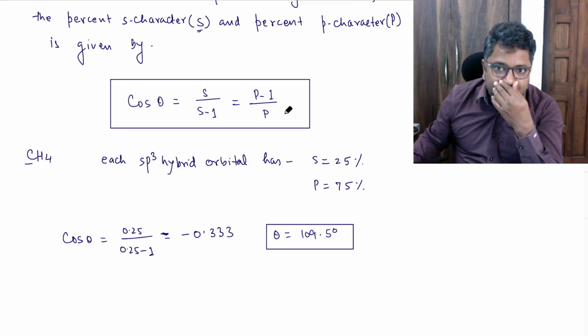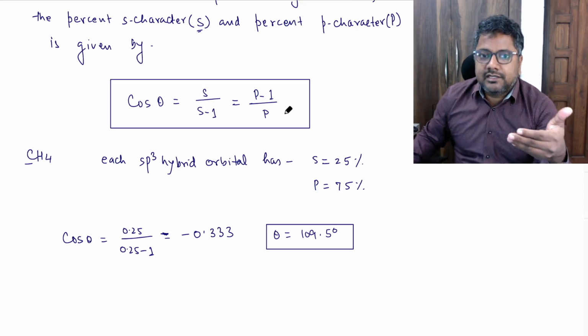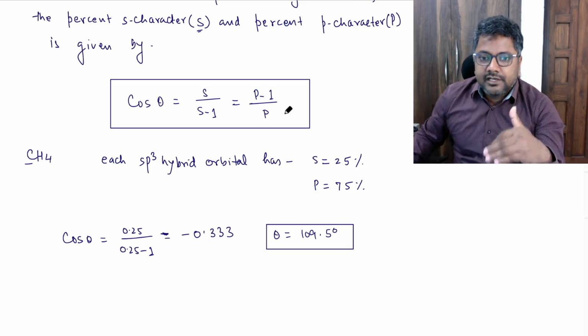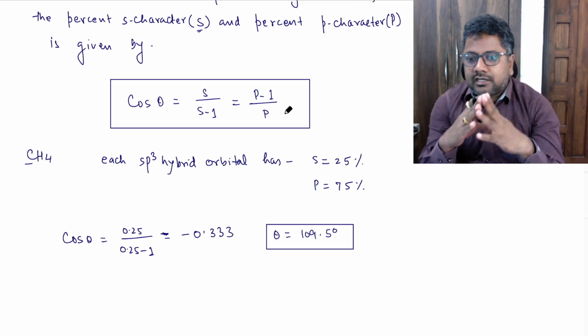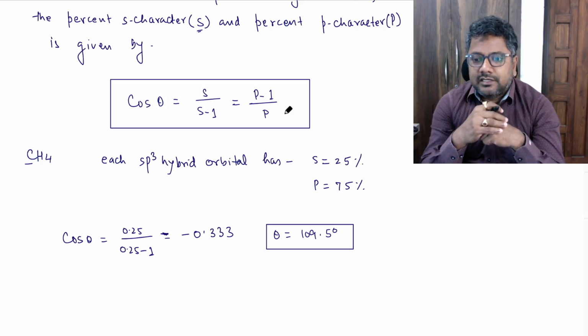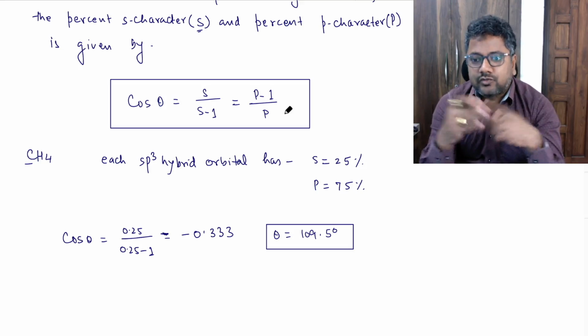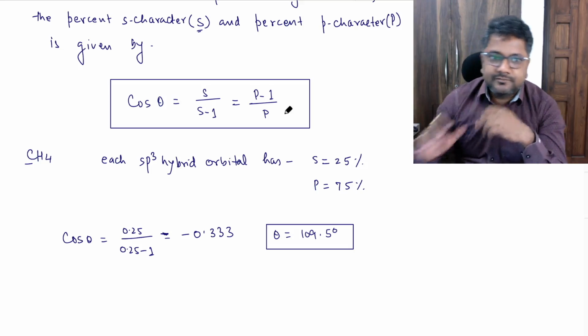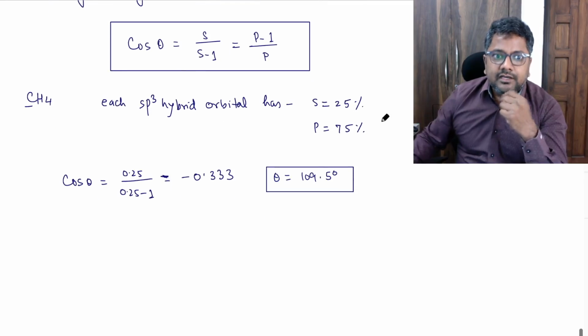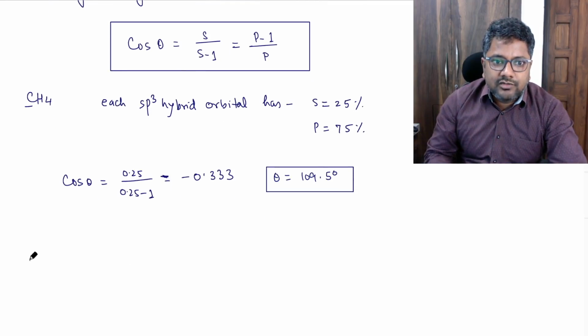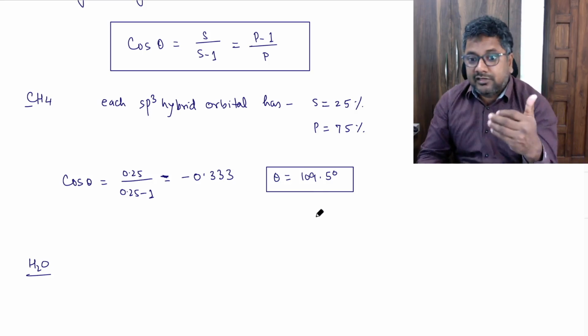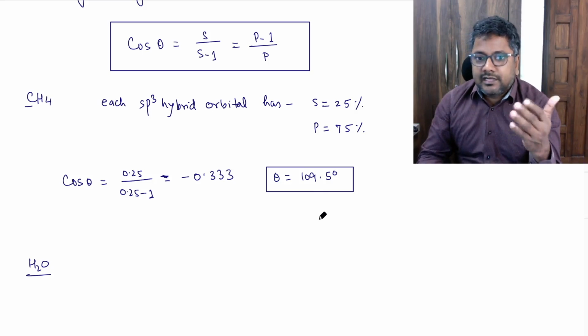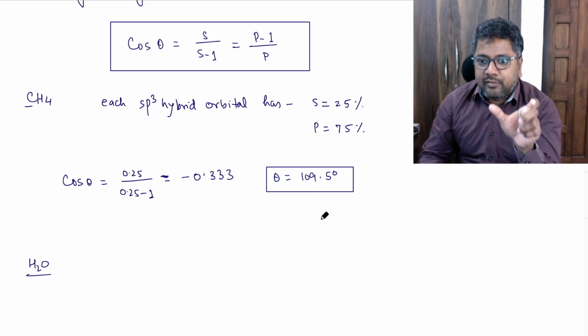Now, how to apply this formula on non-equivalent hybrid orbitals like water? In water there is no complete ideal hybrid character in the hybrid orbitals due to the presence of lone pairs, right? So if we consider the water molecule, we know experimentally the angle between the two bond pairs of electrons.